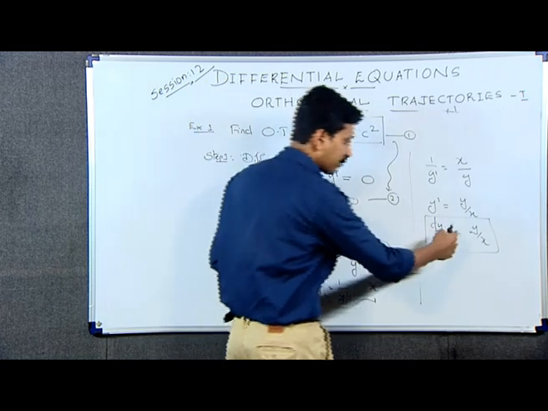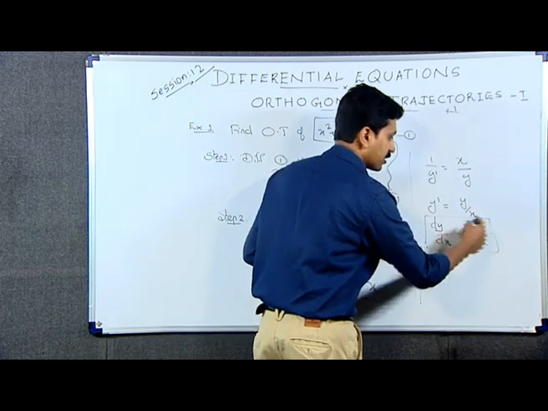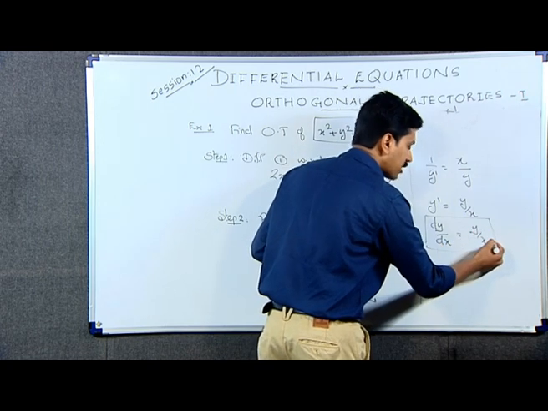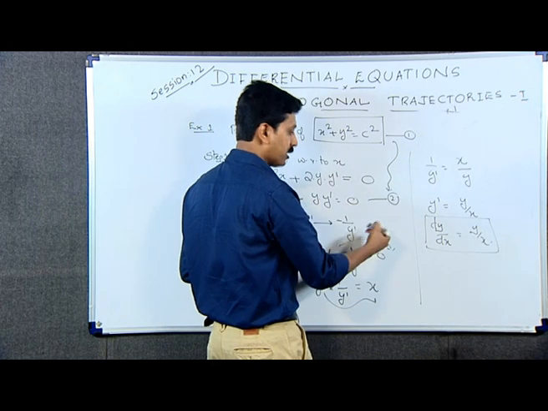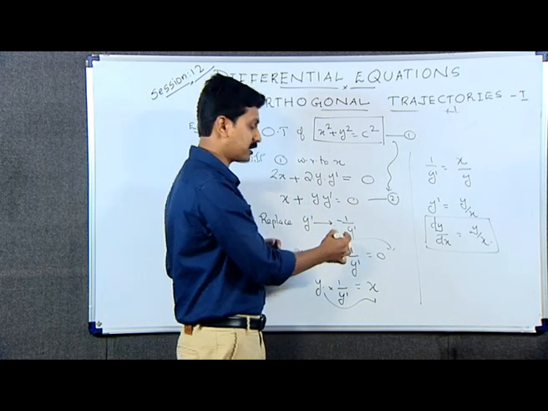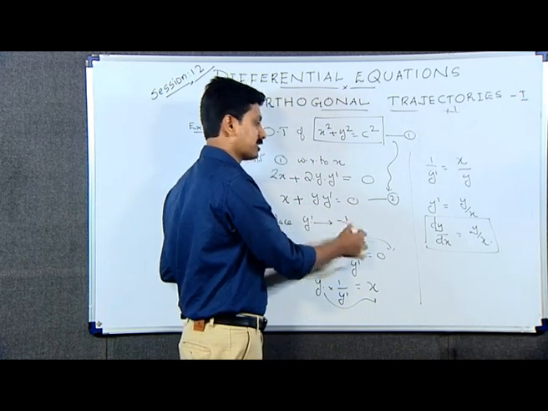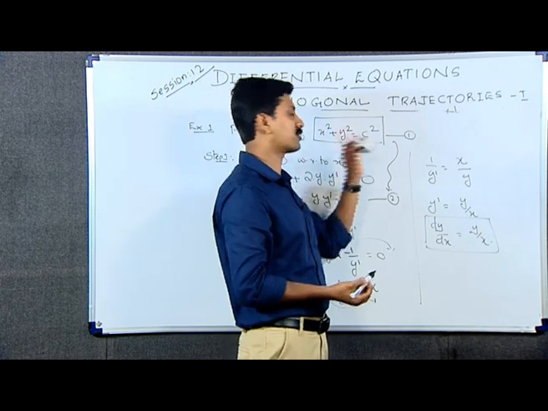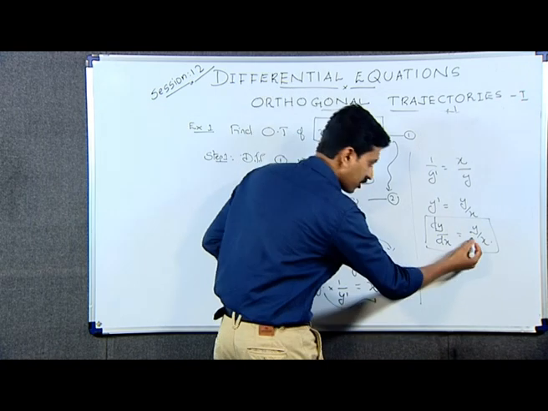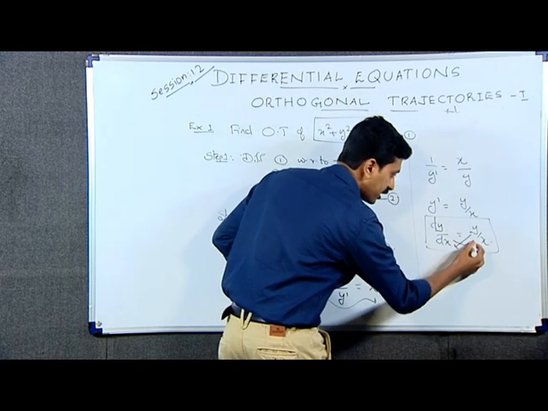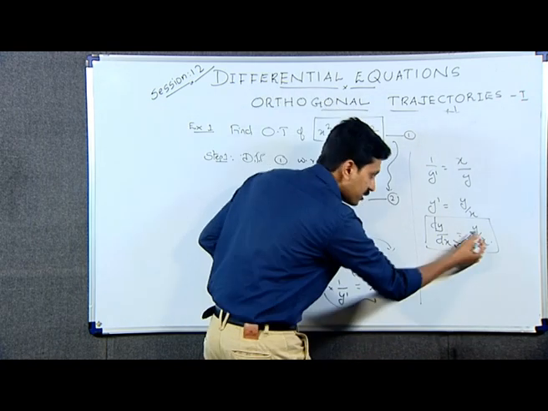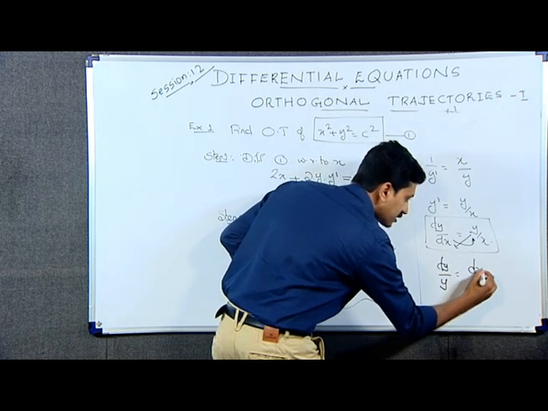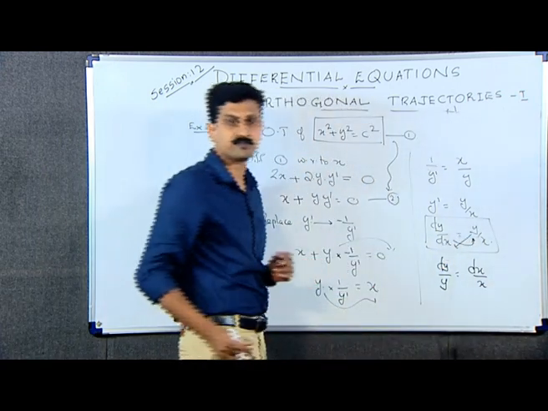Solving this differential equation gives a set of family of curves which are the orthogonal trajectories of the given family of curves 1. So, I am taking y to be here and dx to be here, so dy divided by y is equal to dx divided by x.